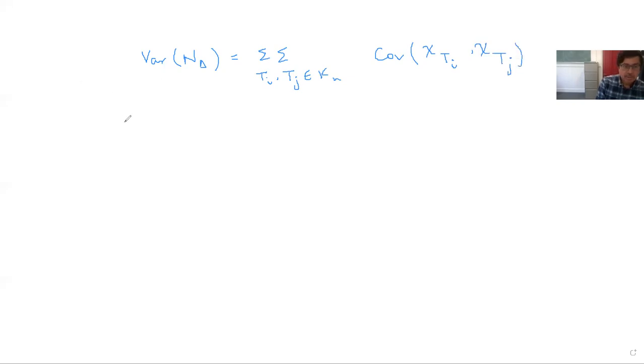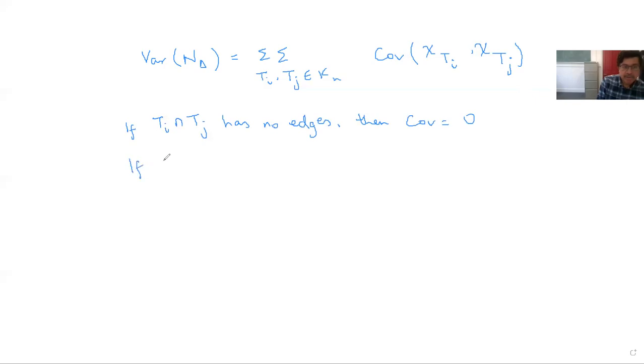And so let's calculate for every possible pattern of intersection of these triangles what the covariance is. So if the intersection of Ti and Tj has no edges, then the covariance is 0, because the triangles are independent.